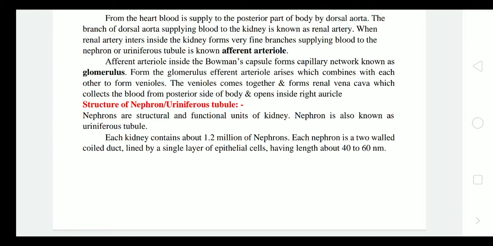From the glomerulus, the efferent arteriole arises and combines to form venules, and venules come together and form the renal vein, which collects all the blood from the posterior side of the body and opens inside the right auricle of the heart.